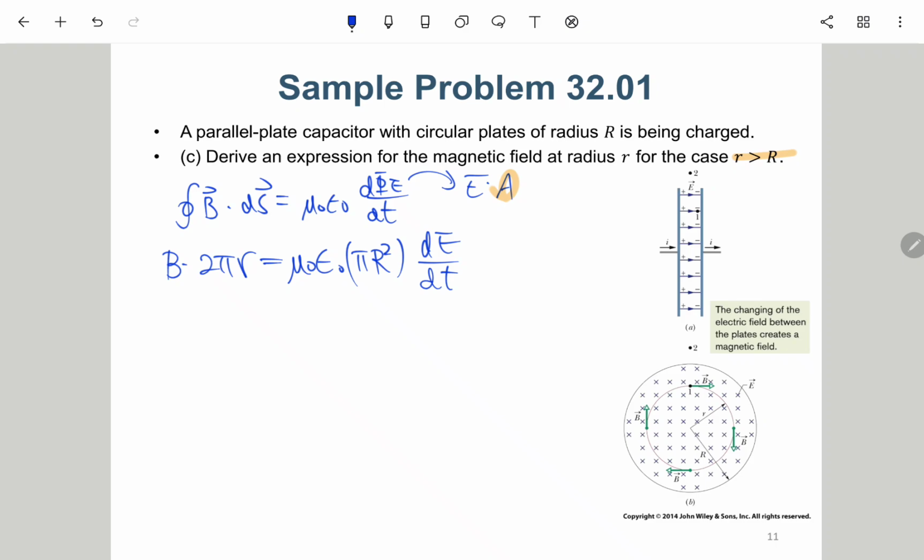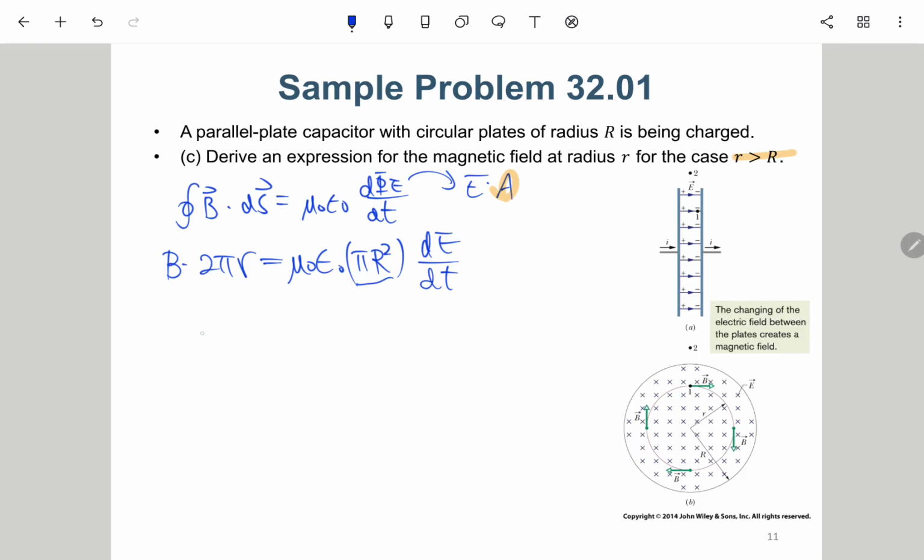Because only the region between the capacitor plates has an E field. The region outside the capacitor, we assume the E field to be perfectly zero. So this A only covers pi capital R square, not small r square.